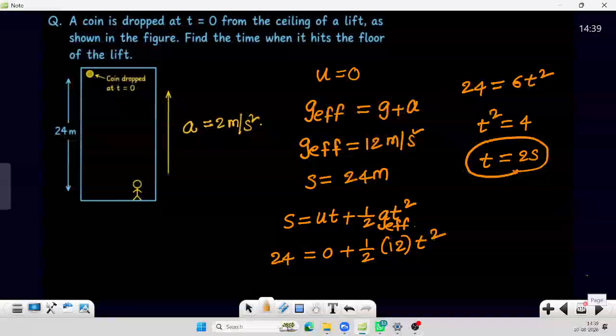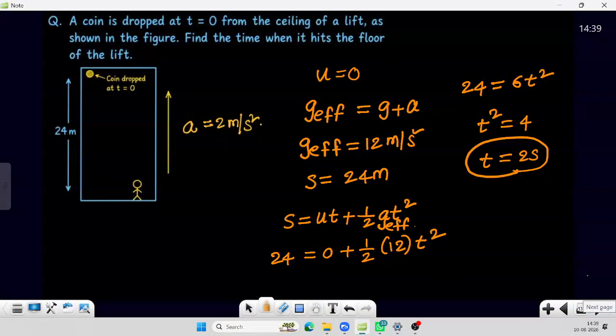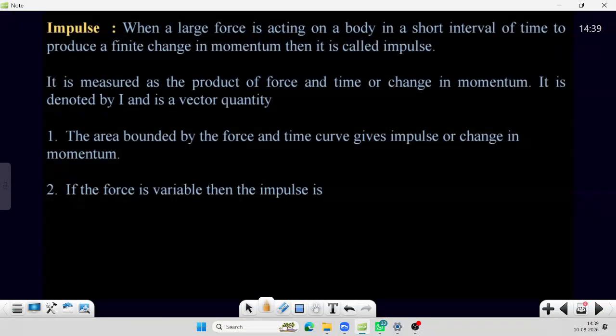Next concept, impulse. Impulse means what? A large force, a very high amount of force, acts in a very small interval of time, and that is called an impulse.